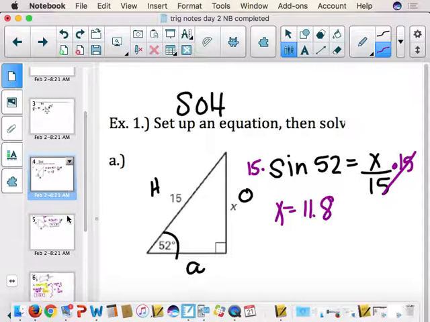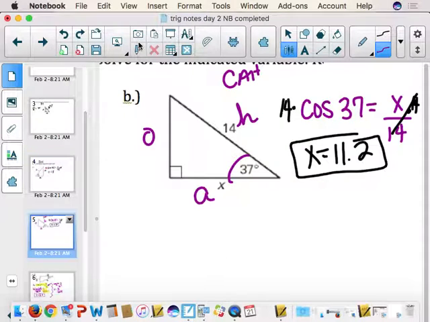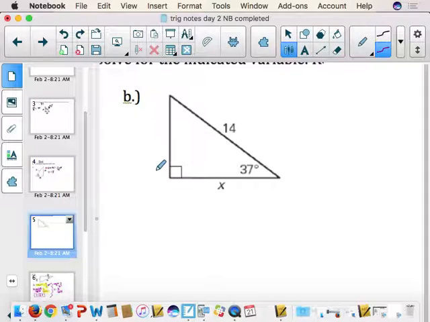So let's try B. On B, I have a 37-degree angle. I'm going to mark all of my sides: I have my hypotenuse, my opposite, and my adjacent. I'm going to ask myself, what trig function now uses A and H?